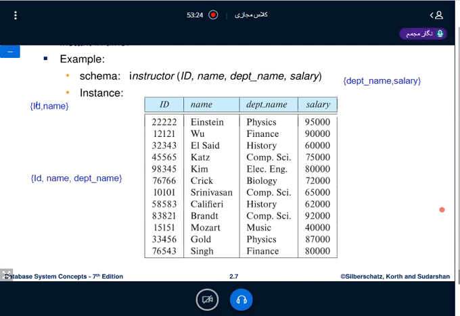Another example: name, ID, department name and salary. Please tell me whether each of these keys is a super key or not. Is it a candidate key or not?